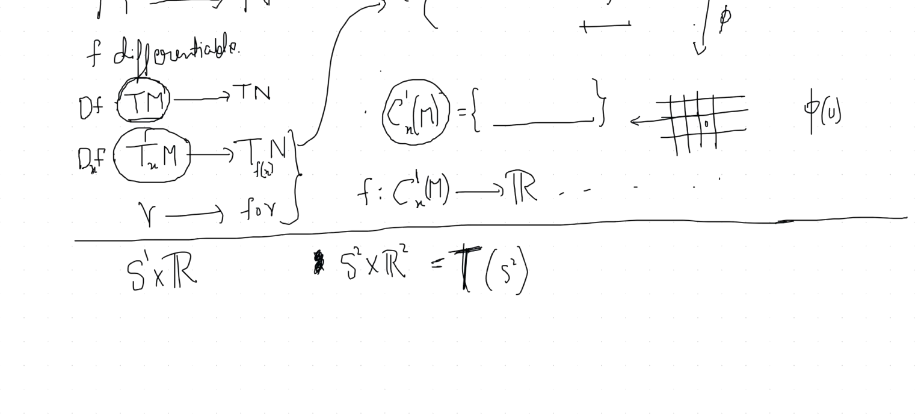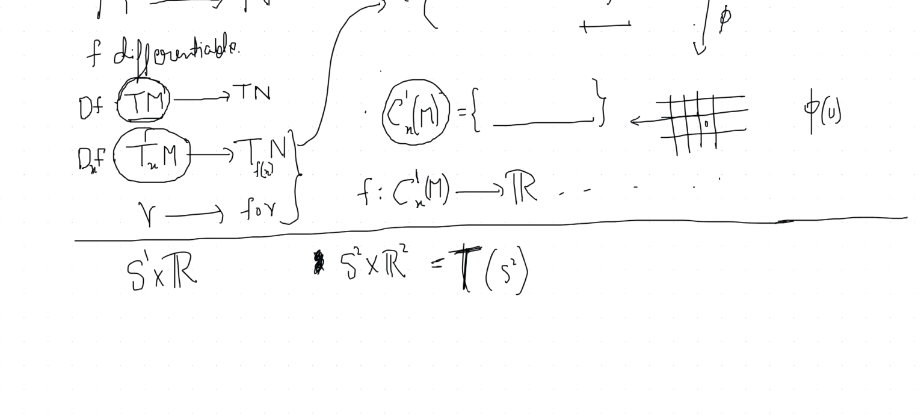Yes, I understand the behavior, but that's not a reason to say that it cannot be S2 cross R2, because S2 cross R2 lives in some four-dimensional space.